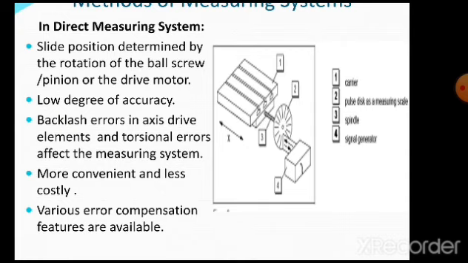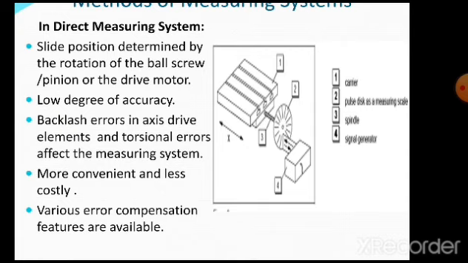It is having a low degree of accuracy. Why is it having a low degree of accuracy? Because the movement of the ball screw decides the linear movement of the table. For that purpose, backlash errors in axis drive elements and torsional errors affect the measurement system. There are two important errors here. One is called backlash, another is called torsional errors.